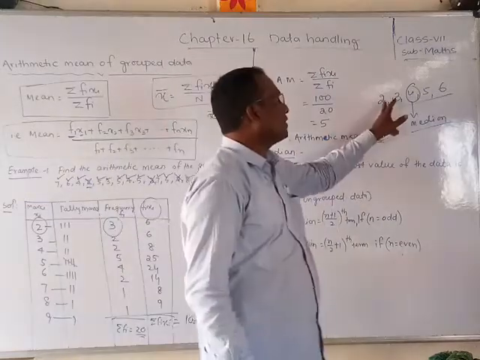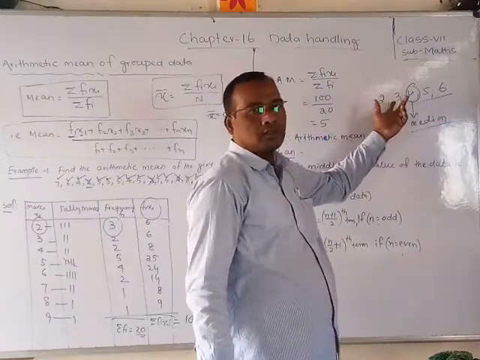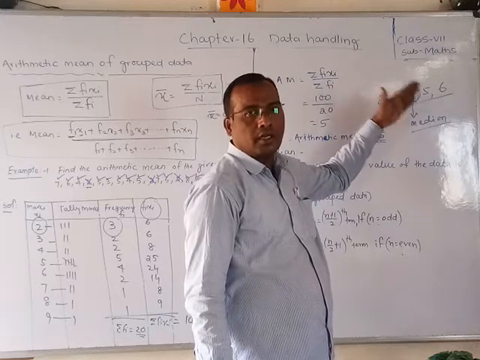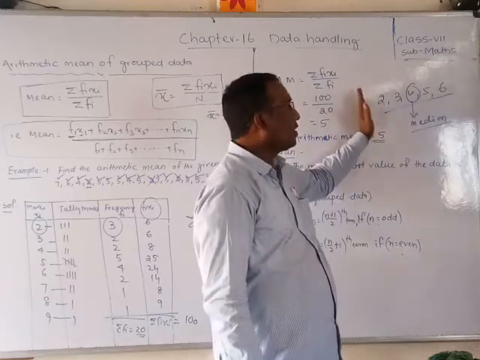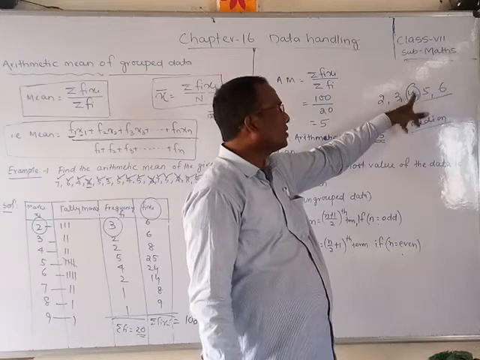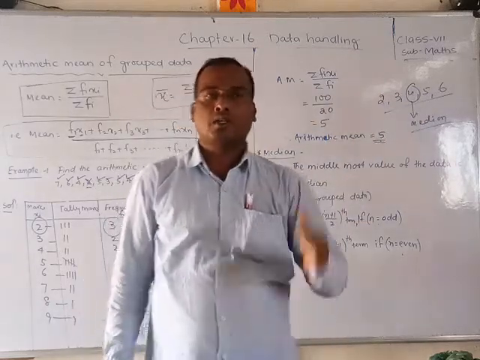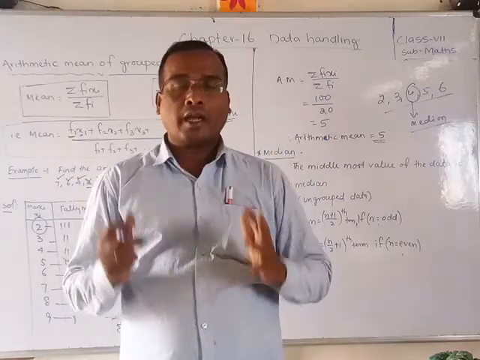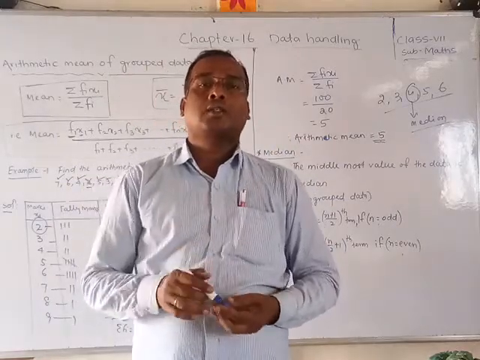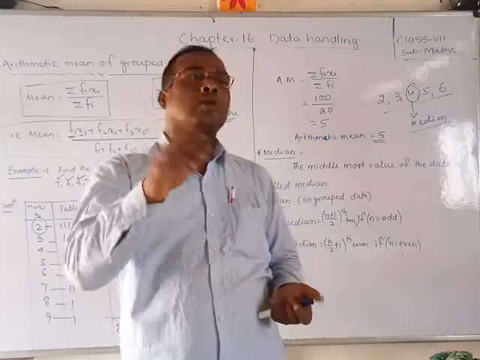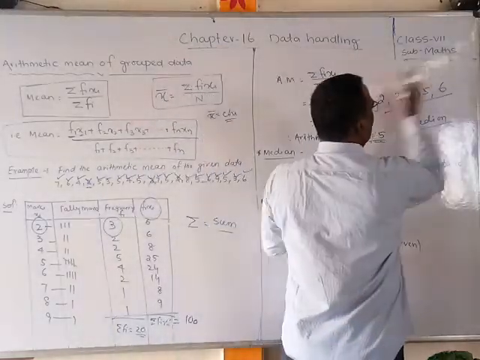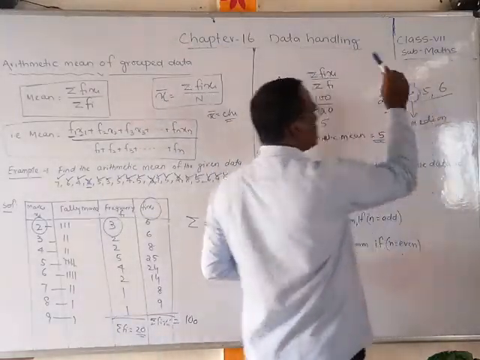I have written it in ascending order. Ascending or descending does not matter, it won't change. First write down the data, then check which one is the middlemost value. Easily we find this: 2 on this side, 2 on this side, the middle is this. So this is the median.